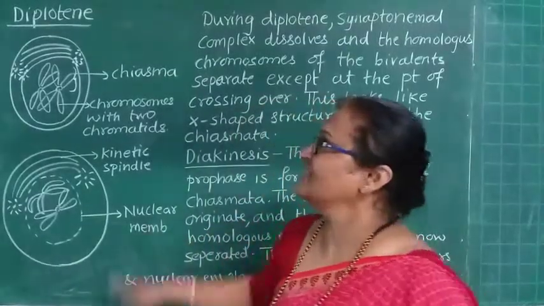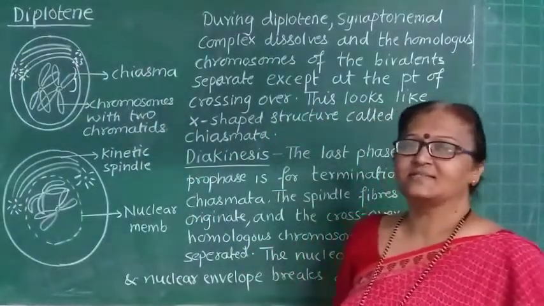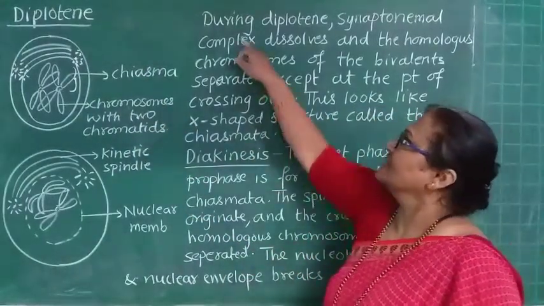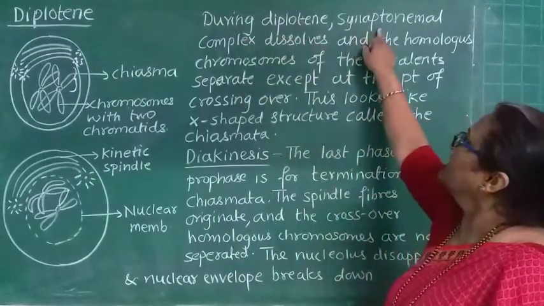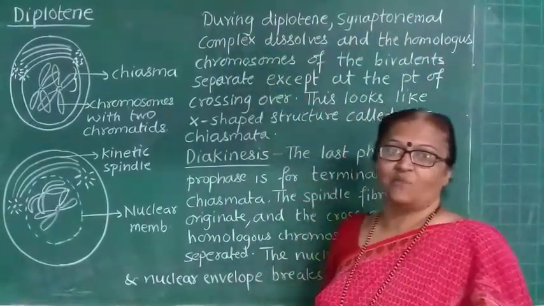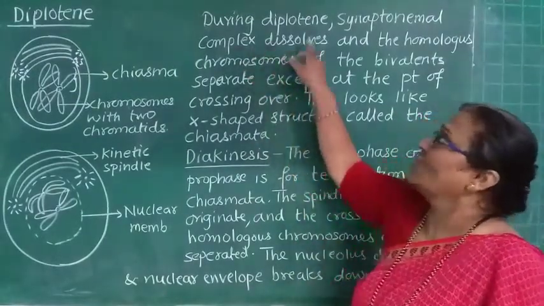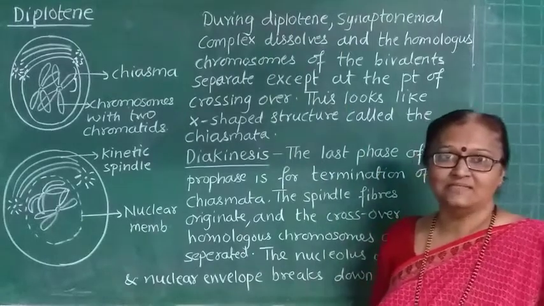Now the next stage is diplotene. So what does this diplotene tell us? See here, during diplotene, the synaptonemal complex, the complex which was formed earlier, now dissolves. What happens?